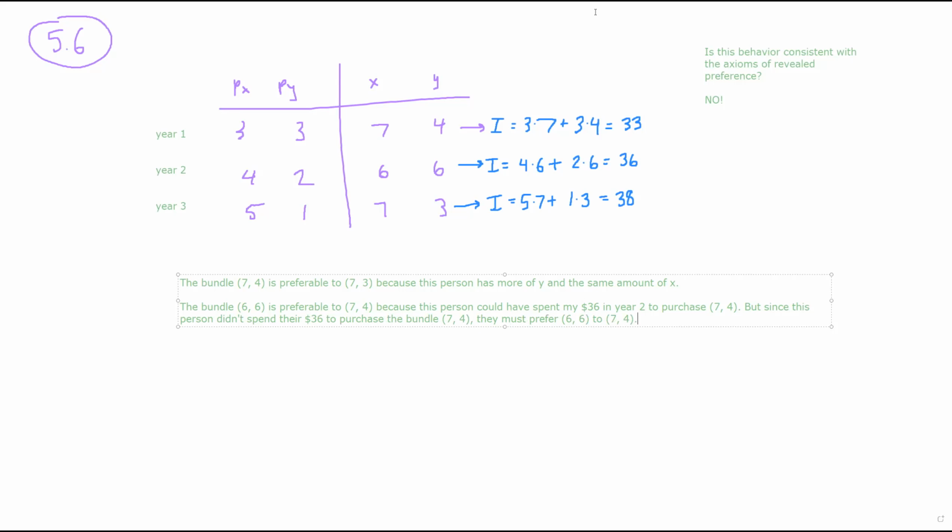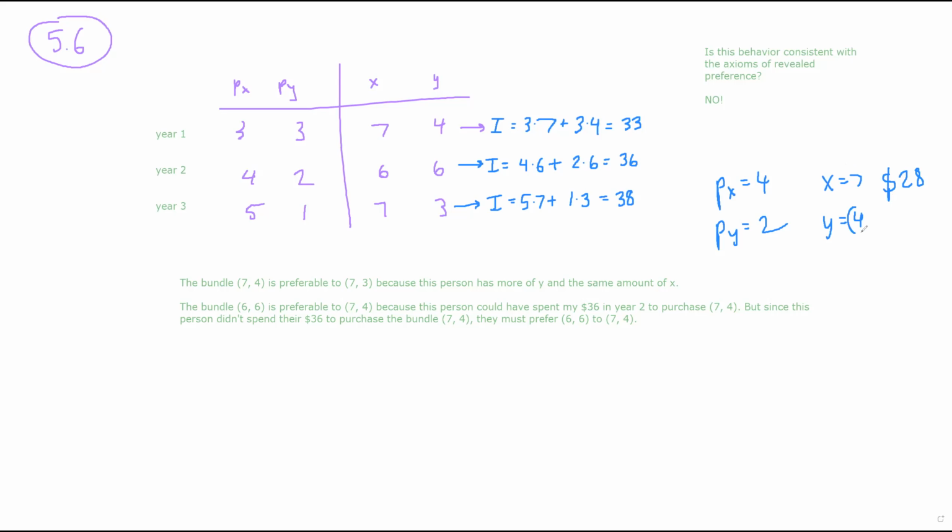Let's make sure that I'm not lying to you. Is it actually possible for this person to have purchased the bundle 7.4? Well, let's figure that out. If the price of X is $4 and the price of Y is $2, could I have purchased 7 units of X and 4 units of Y? Let's find out. 7 times 4, if I buy 7 units of X, each costing $4, that's $28 spent right there.